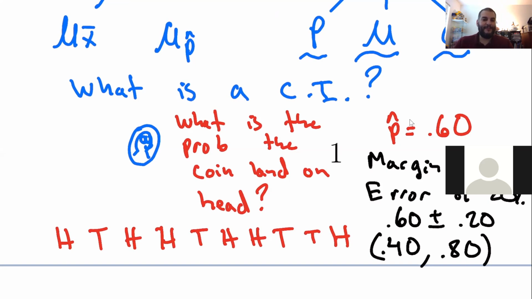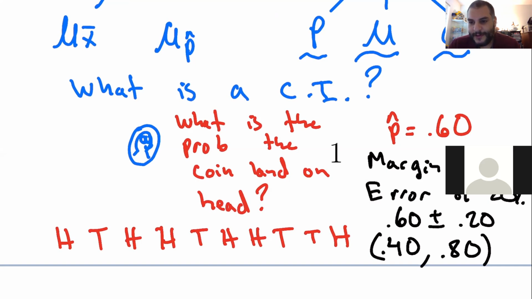Because if you have a bigger range, you have more chances of being right, versus a smaller range, where there's more chance of being wrong. So confidence is related to how big a range you have in your confidence interval.